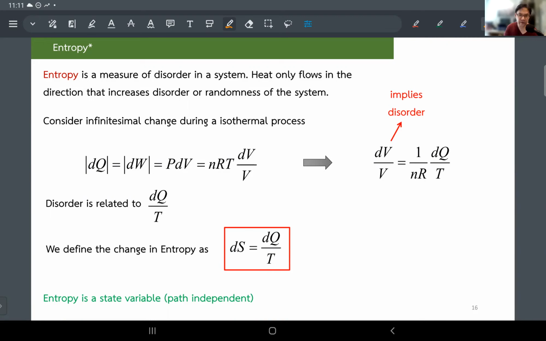I don't know if you have heard of this one before, but the main word people throw in when explaining entropy is disorder. I got this one from the textbook. It just says entropy is a measure of disorder in the system.